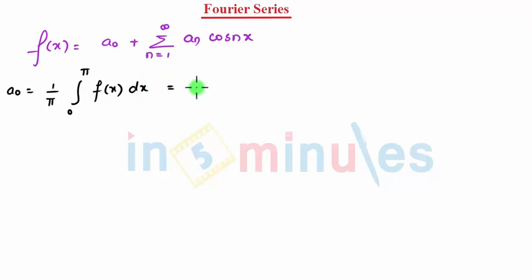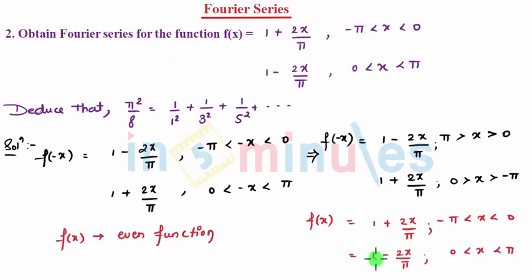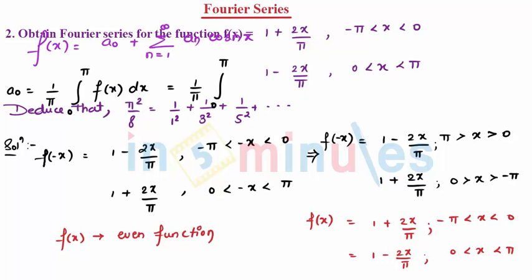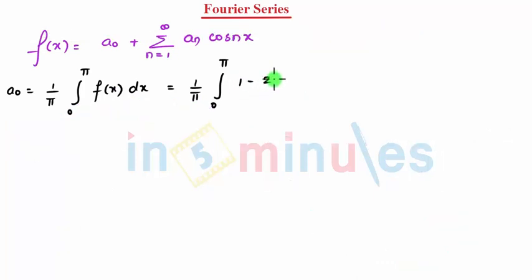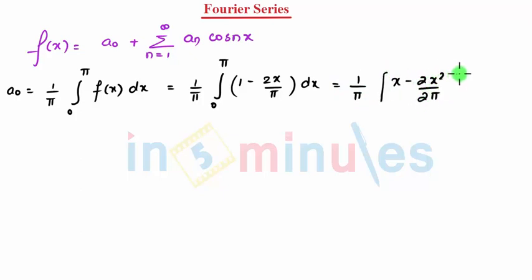Now 1/pi integral from 0 to pi, and from 0 to pi my function is 1 minus 2x/pi. This integrates for dx, which I can write as 1/pi times [x minus 2x squared divided by 2 pi], where the upper limit is pi and the lower limit is 0.